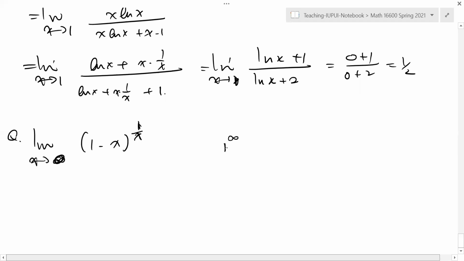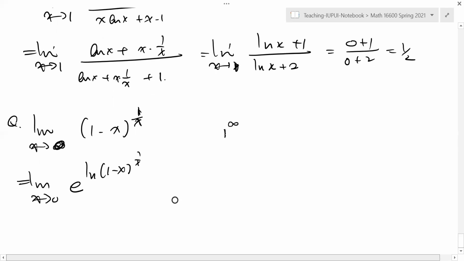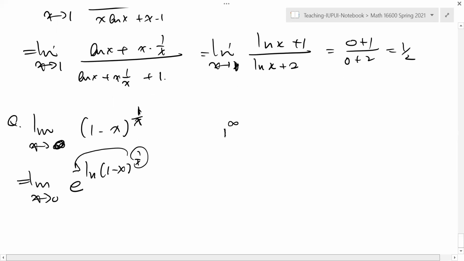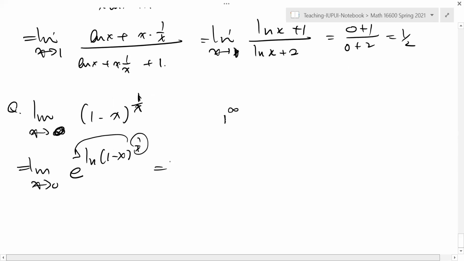So what you do is use e to the natural log of (1 minus x) to the 1 over x. Then you move the exponent to this side, and you will get the natural log of (1 minus x) over x, and here's e.